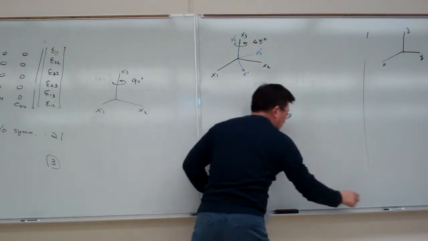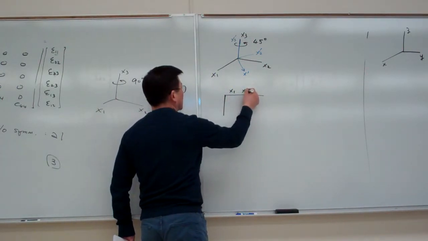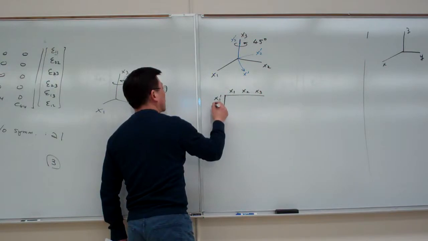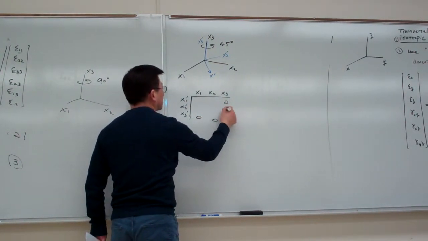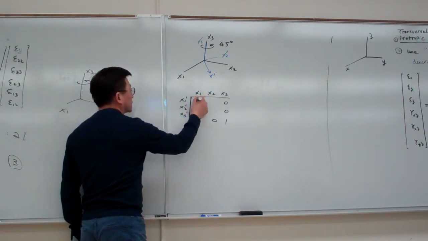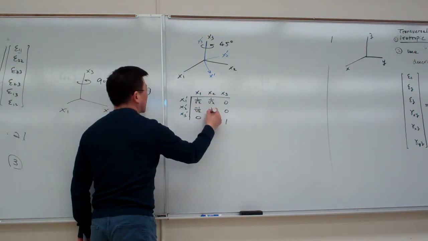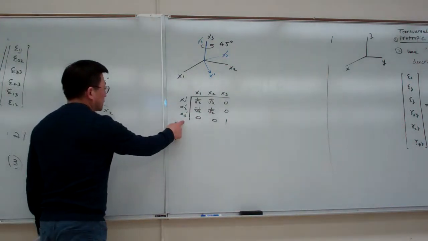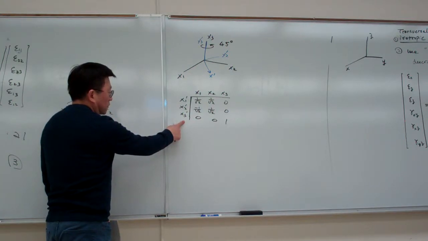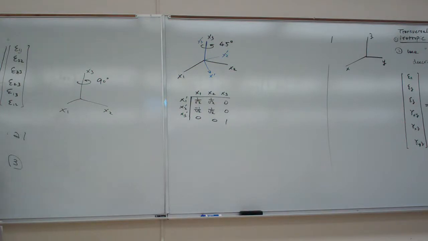So by rotating only 45 degrees, we can see the rotation table: x1 prime, x2 prime, x3 prime, and this is 0, 0, 1. And this one you can quickly see will be 1 square root over 2 and minus 1 square root over 2, like this. Okay, so this is our third and also last operation of the transformation.